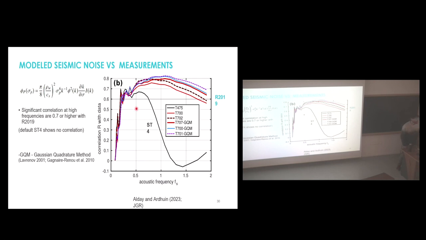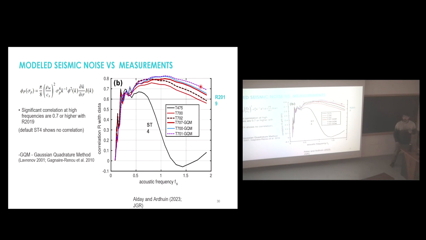Original ST4 is not correlated at high frequencies, like he showed yesterday. Once you use my parametrization, you begin to get like 0.7 of correlation, and then he also used the Lavrenov method optimized by Michel and his group, and you get an even better correlation if you use the exact wave-wave interactions.